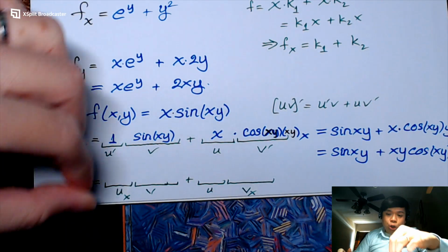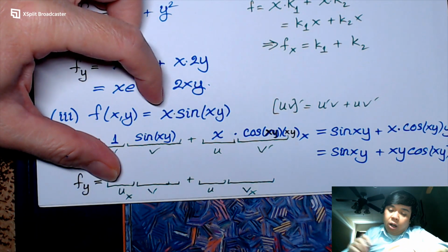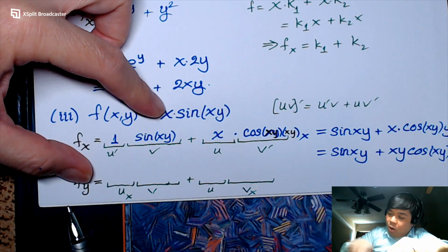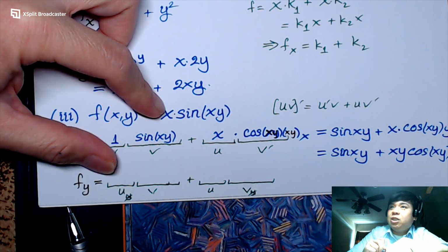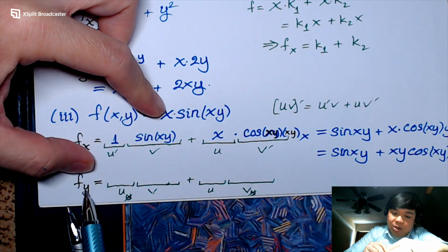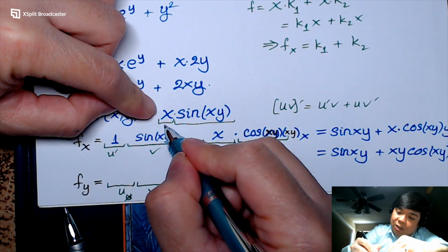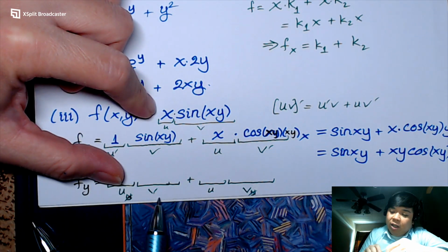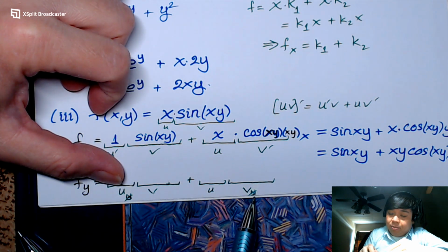Okay, so u prime, the derivative of this, I'm sorry, this with respect to y, so this has to be y. Okay, so take the derivative with respect to y. So u prime v plus u v prime, and the prime being the derivative with respect to y.